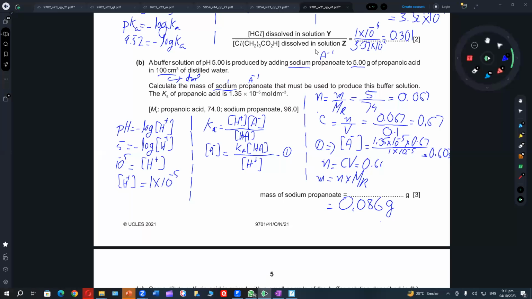It's not 0.6, it's 0.063. No, the final answer is 0.0603, after multiplying with volume 0.1. Yes, right.